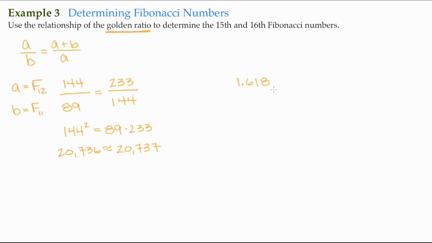It's right around there approximately. And if we do the same for 233 divided by 144, that's also approximately, to 4 decimal places, 1.618. So they're approximately the same. There's more digits after it, but if we round it to here, they're approximately the same.